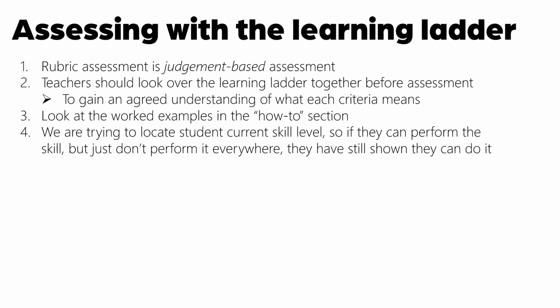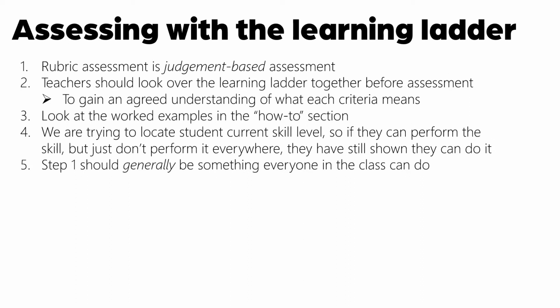It's not a massive concern if they haven't done it everywhere. So if you see a certain skill being displayed 2 or 3 times across an entire assignment, whichever one is the best display of that skill, that's where you should assess the student.